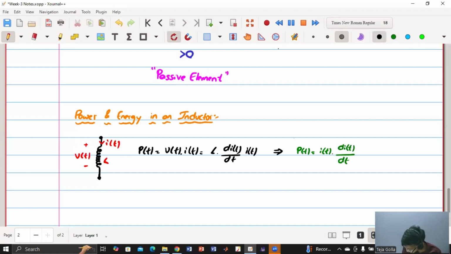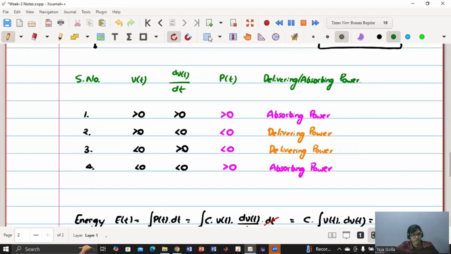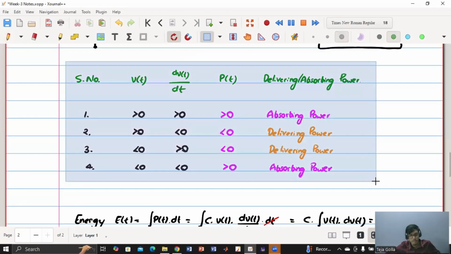Now again, same scenario. Depending upon the power polarity, it can be either positive or negative. I have forgotten L. Again, we'll get a similar kind of table, so let me just copy this table and then use it.